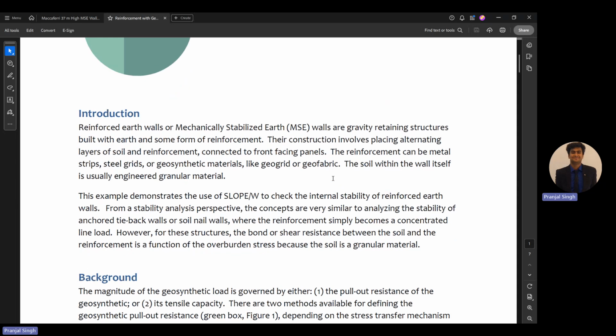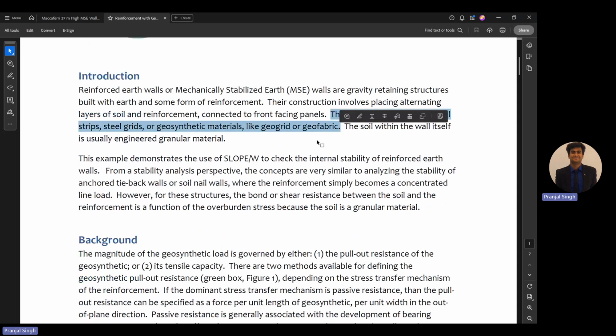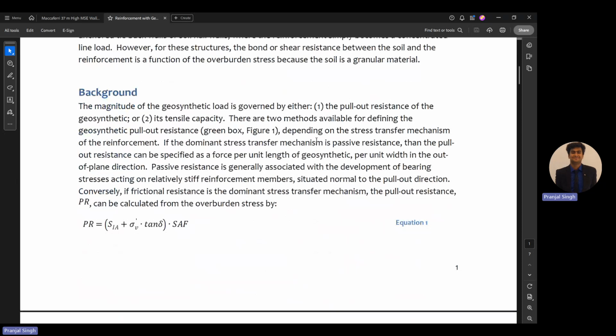So it's written that you have different types of reinforcements, and there are two methods available for defining the geosynthetic pull-out resistance.